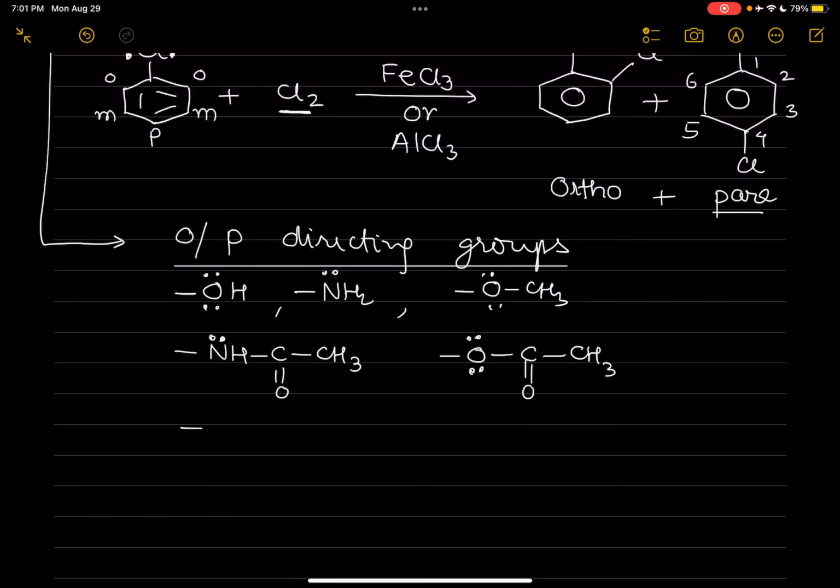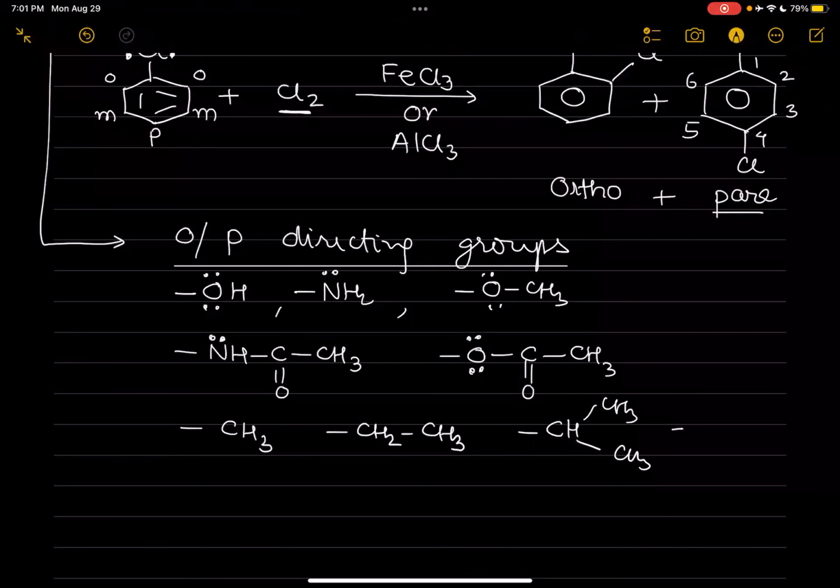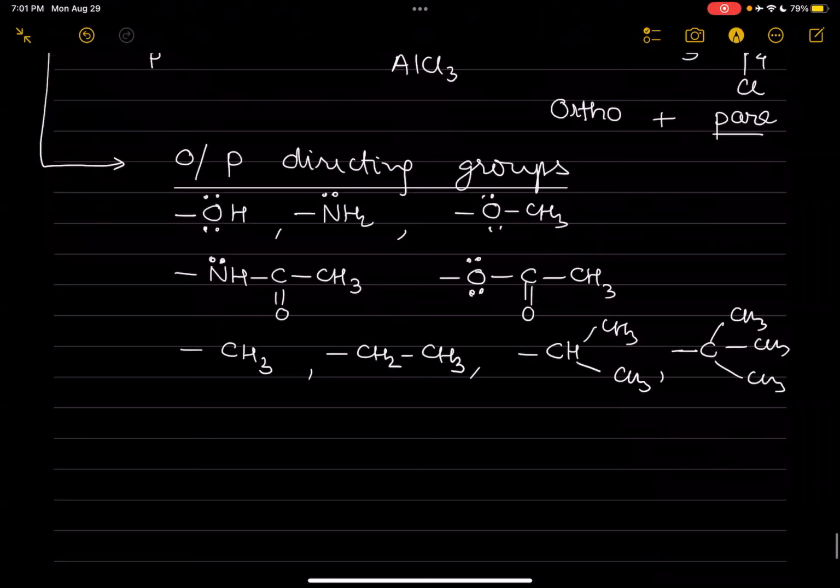All the lone pair containing groups or electron donating groups like methyl, ethyl, isopropyl, or tertiary butyl are all ortho para directing groups. Or the halogens, F, Cl, Br, I, because they have lone pairs on them.